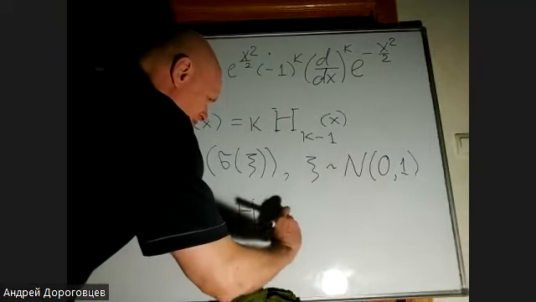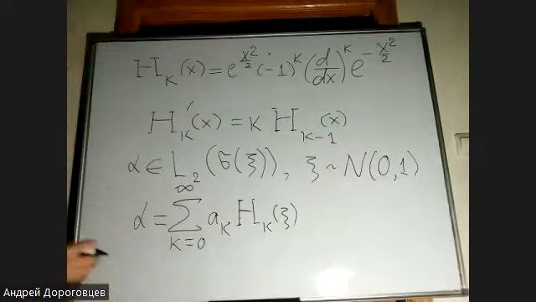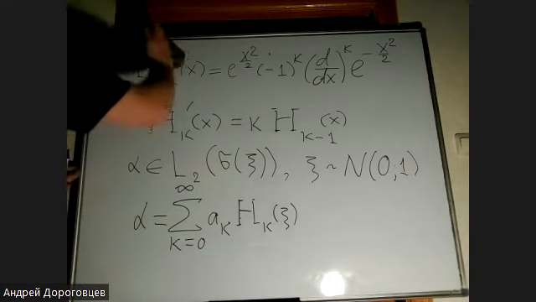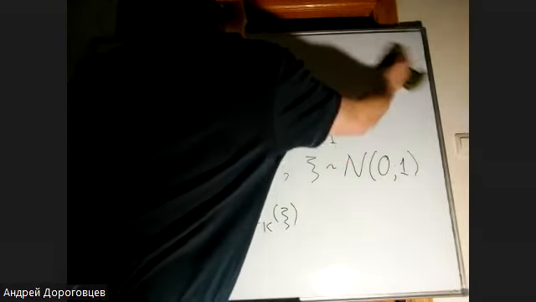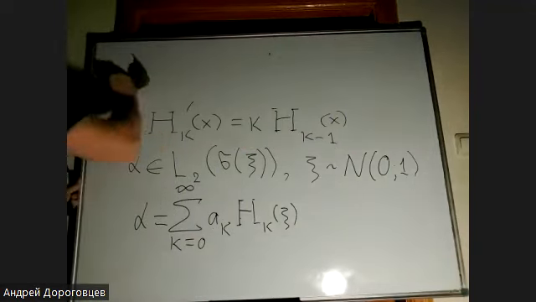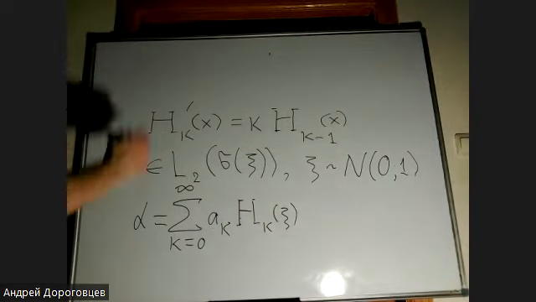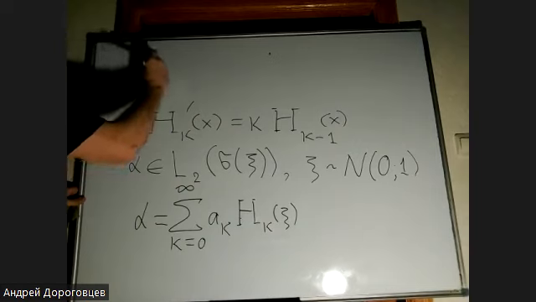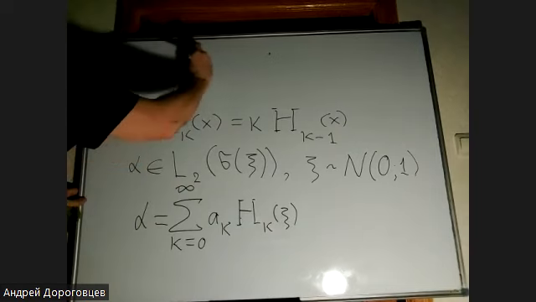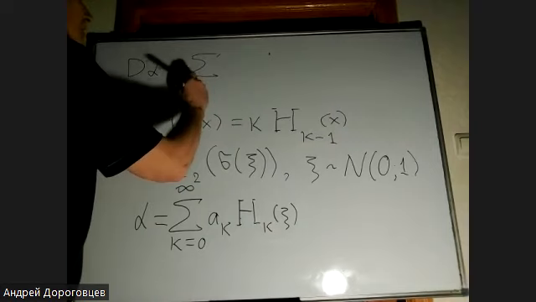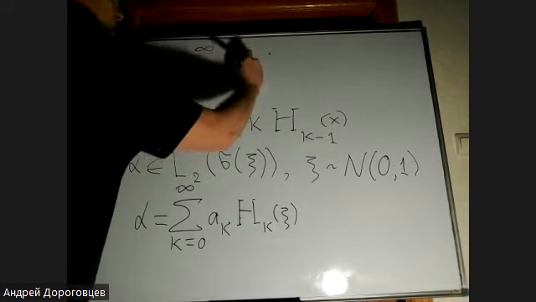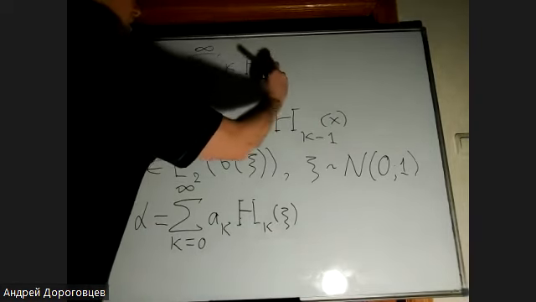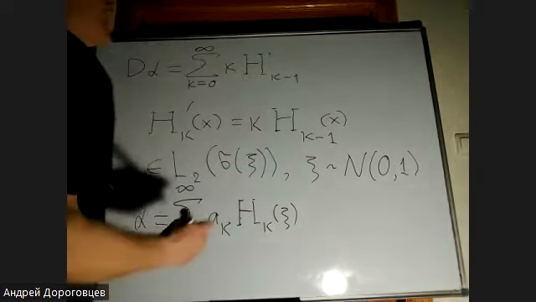And finally, one can try to define the stochastic derivative of the random variable alpha, D alpha, as the sum over k from 0 to infinity of k a_k h_{k-1}(psi).